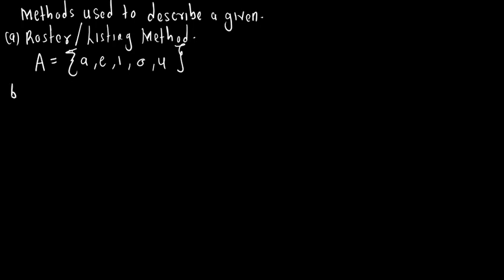The second method is called the rule method or set builder notation. Set builder notation. Well, set builder notation is also very simple.